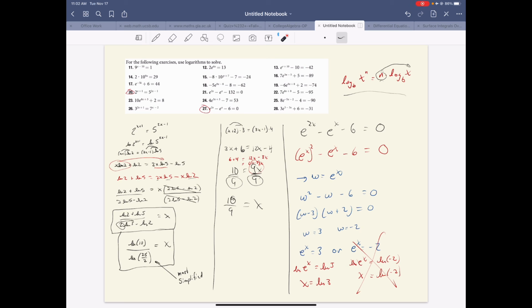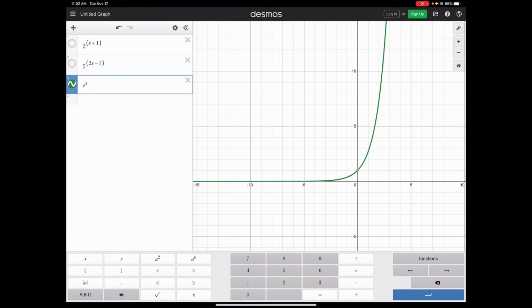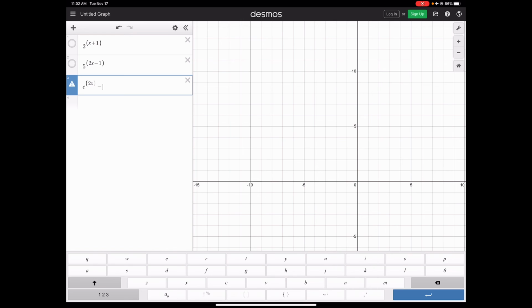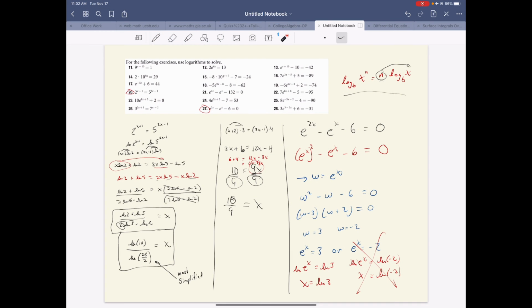Now I'm going to show you how you can check this in a calculator. So I'm going to graph this equation right here. We're going to say e to the 2x, and then minus e to the x minus 6. And we wanted to know, where does e to the 2x minus e to the x minus 6 equal 0?